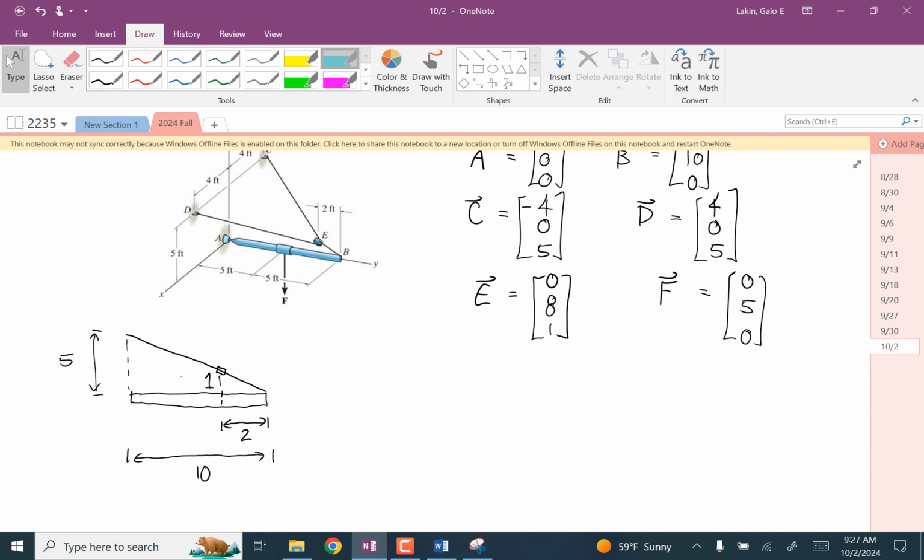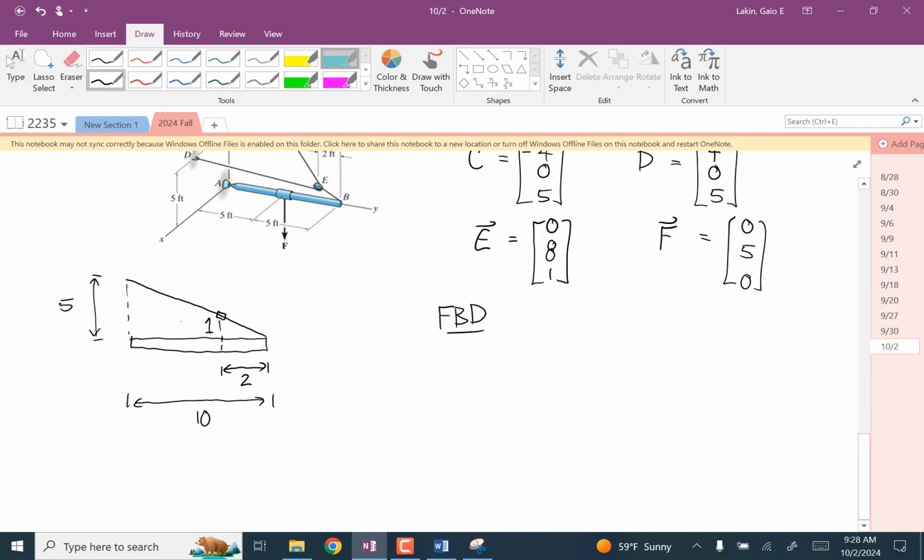Let's do the free body diagram. We'll isolate that little cable and the pulley and a little bit of these two cables coming off of it.